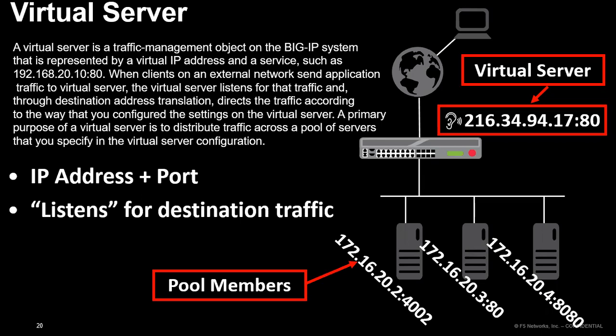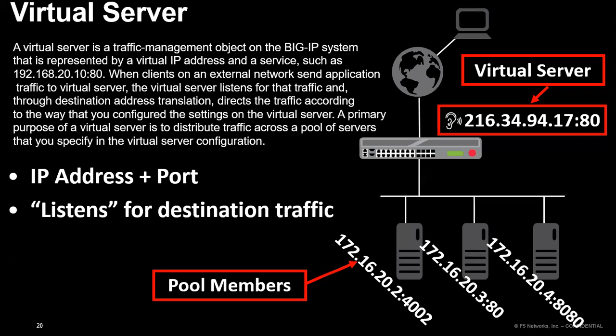A primary purpose of a virtual server is to distribute traffic across the pool servers that you specify in the virtual server configuration. So the virtual server is the external-facing IP address, in conjunction with the kind of services that users on the external side are going to be able to reach.